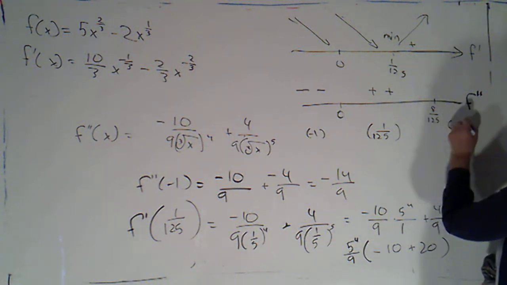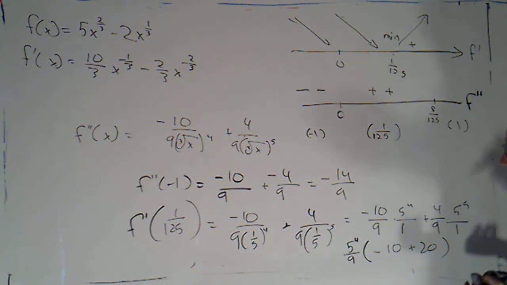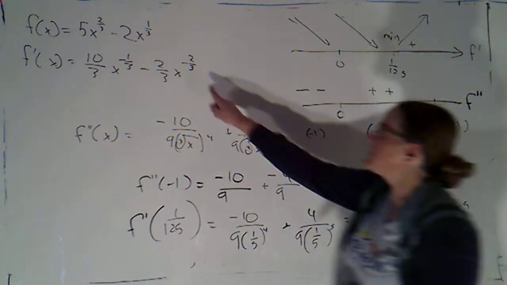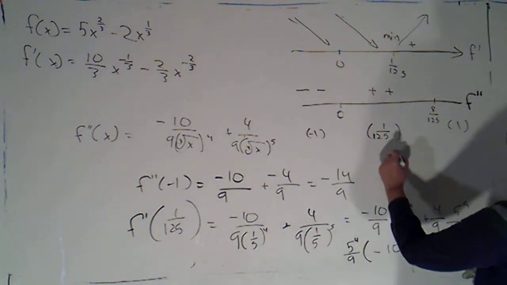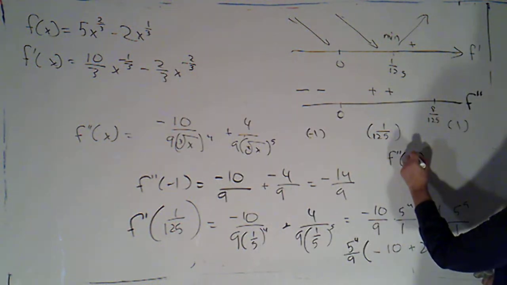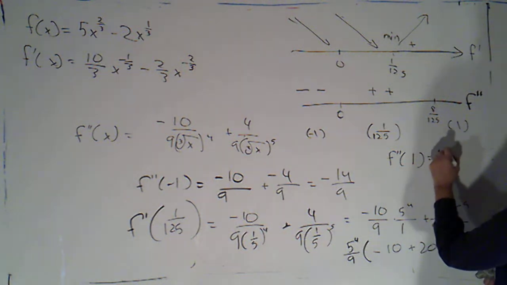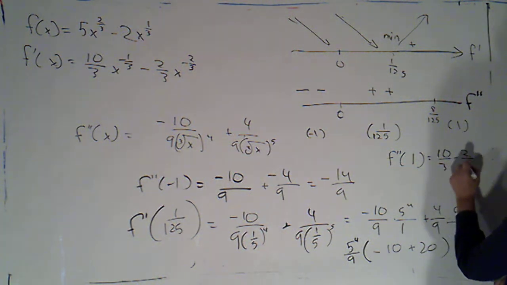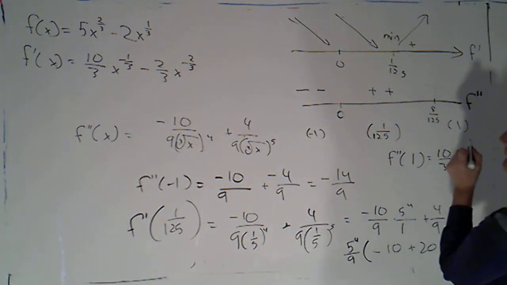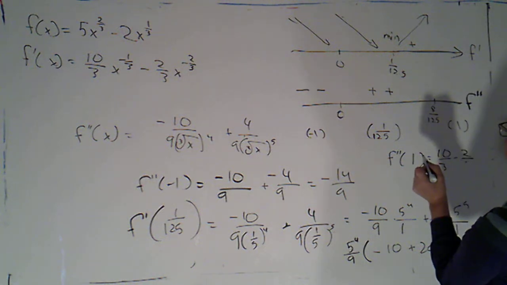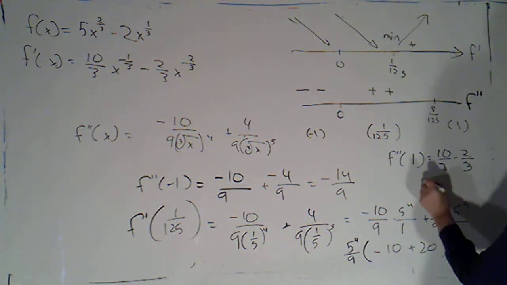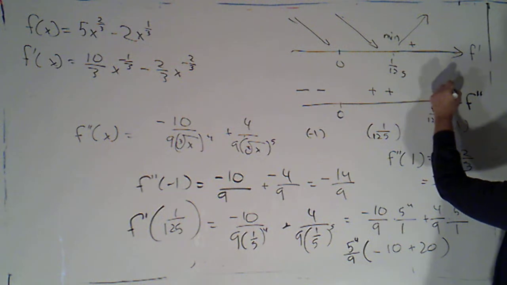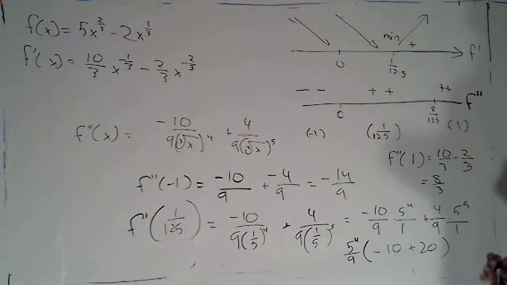Then for a number bigger than 8 over 125, I'm going to choose 1. That's the easiest number to plug in. If I plug in 1, since 1 to any power is 1, I'm just going to get f double prime of 1 is 10/3 minus 2/3, which is 8/3, and so it's positive there as well.